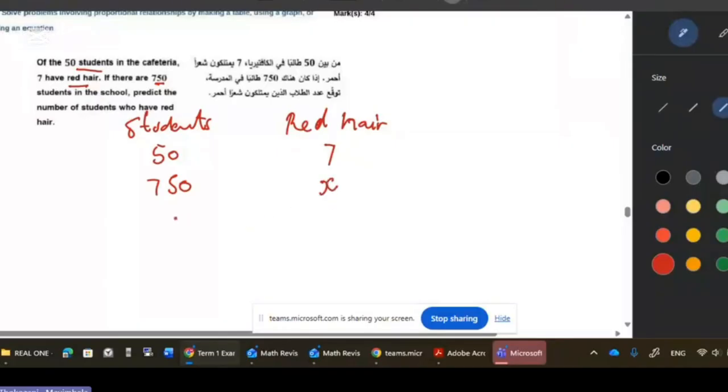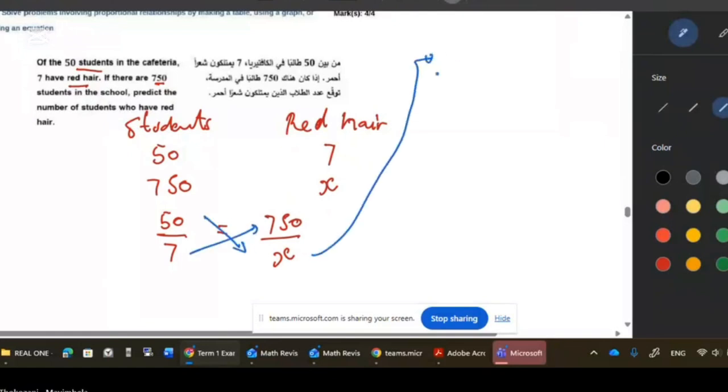Now we're going to formulate the proportion, which is 50 over 7 equal to 750 over x, and then we cross multiply. Now we have 50x, because we're multiplying these two.